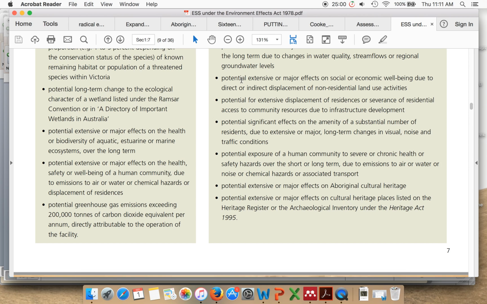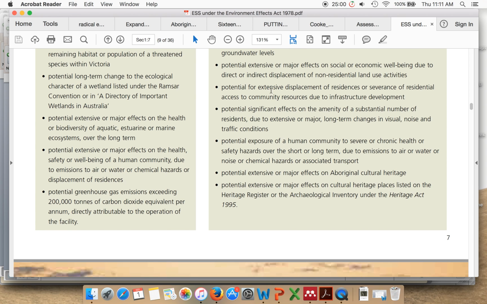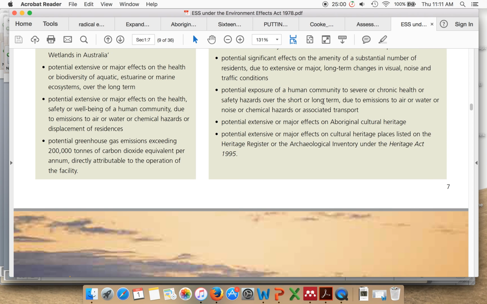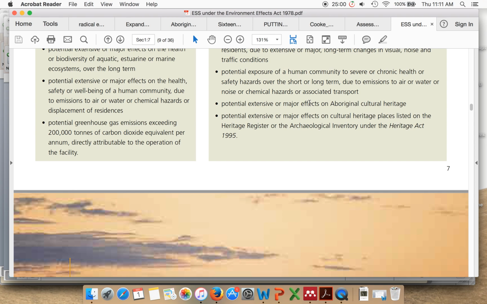Key one here: major effects on social or economic well-being due to direct or indirect displacement, the impacts on residences and community infrastructure, amenity, health again, which does echo the other point a little bit, but I guess the key difference here is you've got these direct references to air, water, noise, or chemical pollution and hazards, and you've got the 2 points at the end on Indigenous or Aboriginal cultural heritage impacts.